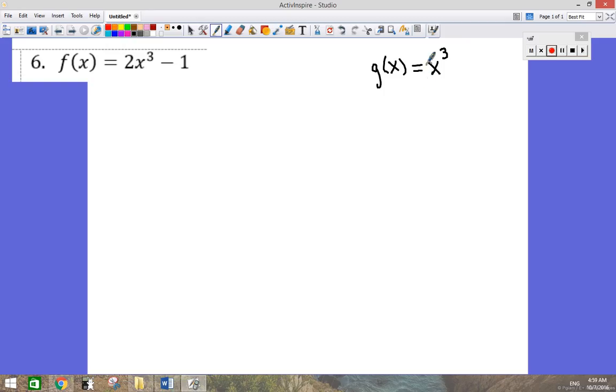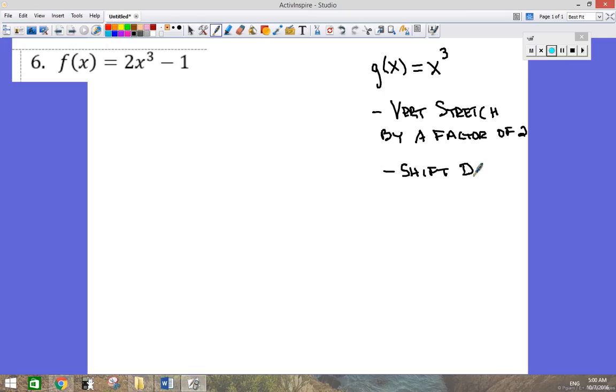If you take x cubed and do a vertical stretch by a factor of 2, and then next shift that result down 1 unit, then you have transformed this parent function of x cubed into this function f.